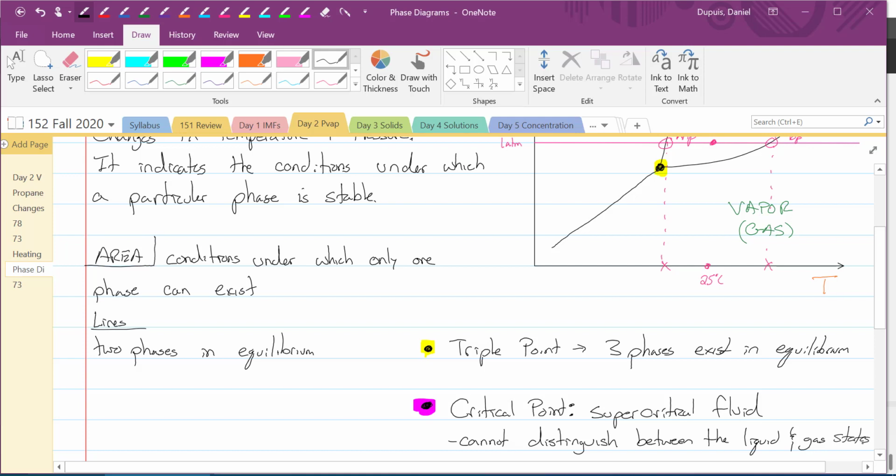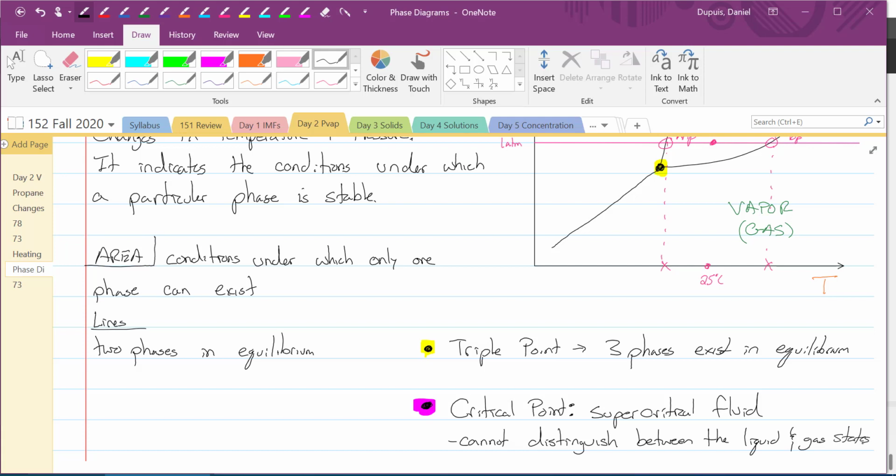So what does that mean? If you have a water bottle, you can see into it, you can see the line, the meniscus, where the liquid ends and air starts. Well, when we get a lot of temperature and a lot of pressure, the vapor and the liquid basically become a fluid, and you can't tell the gas and the liquid apart anymore. It's kind of neat.